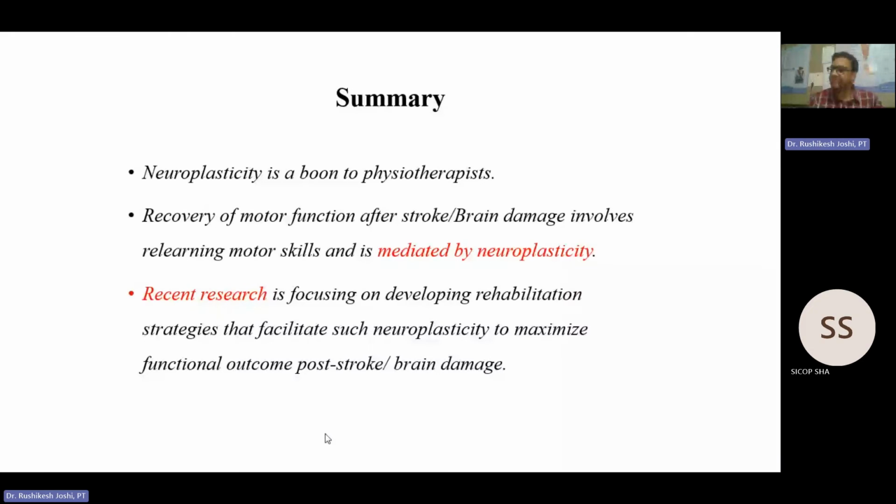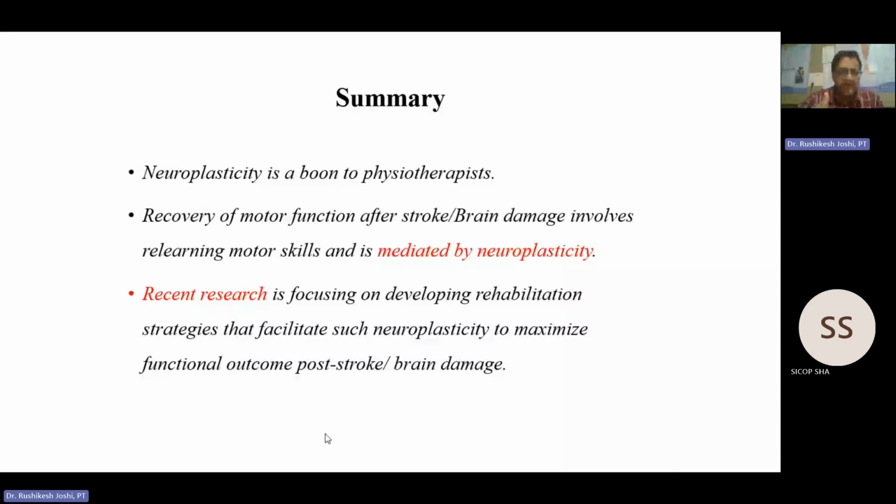So to summarize my session today, I would say it's a boon to physiotherapists, because we are the persons who are actually taking care of the patient once the patient is discharged after surgery. We are making them back to normal.